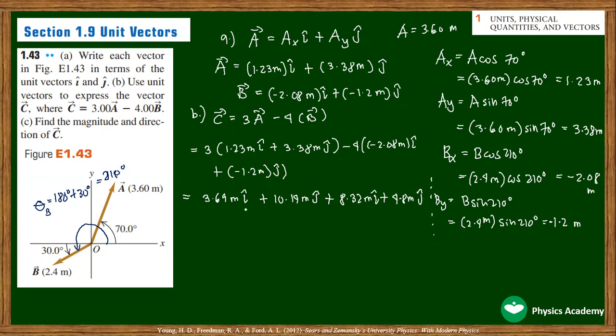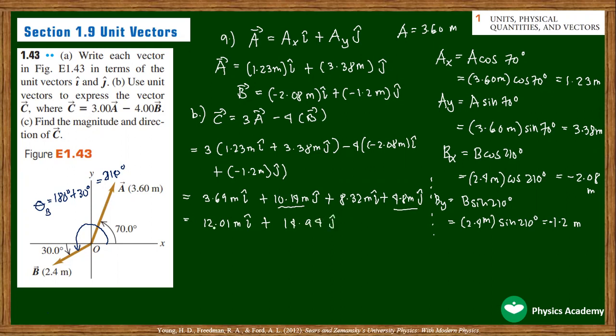Then let's combine like terms. Combining the i hat terms, 3.69 plus 8.32 gives 12.01 meters i hat. Combining the j hat terms, 10.14 plus 4.8 gives 14.94 meters j hat.